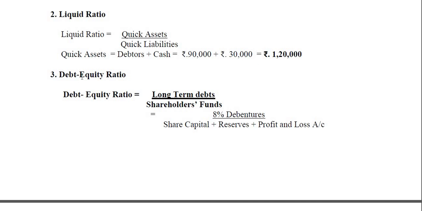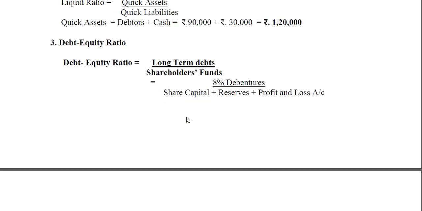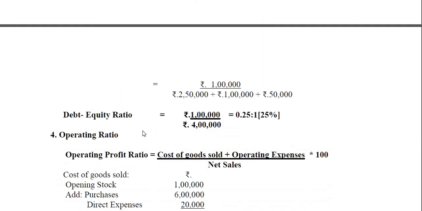It's an omission. Debt equity ratio. Debt equity ratio is equal to long-term debts divided by shareholders' funds. So long-term debts means what? Here in our problem only one item is there, that is 8% debentures. And shareholders' funds: share capital, reserves and profit and loss. And I already told you about this.